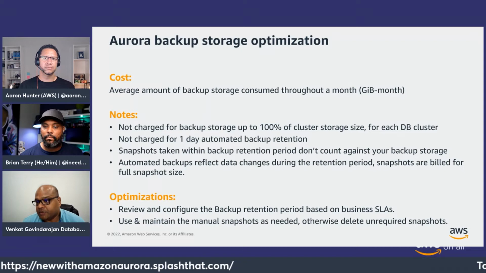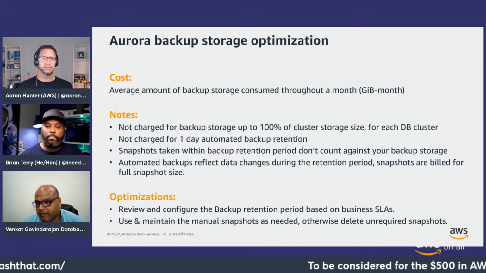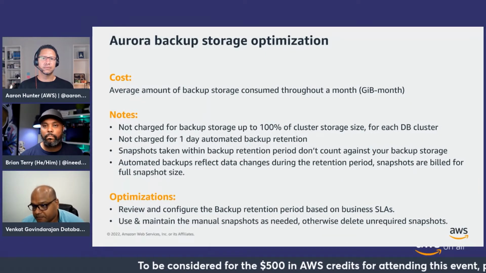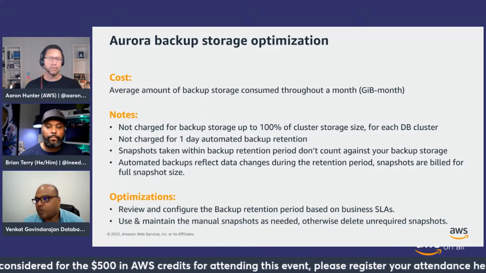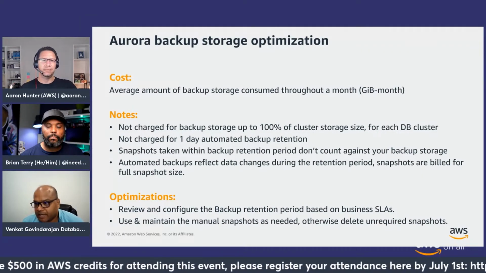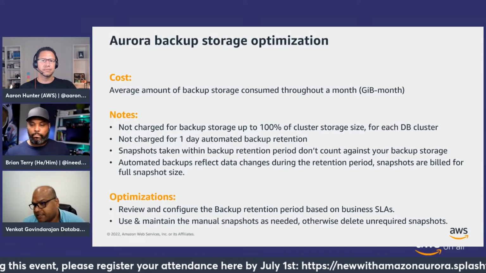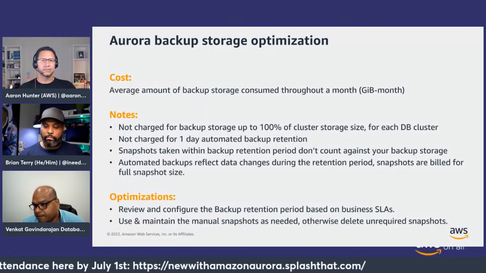How many times does somebody drop a table, for example? If you don't realize it in 30 days, you probably don't need that table. Typically we go back 5 to 7 days to get the data back. I'm not saying it has to be 5 to 7 days, but based on your use case, you want to really evaluate how long you want to retain your backups.